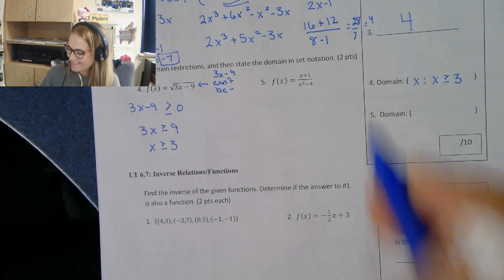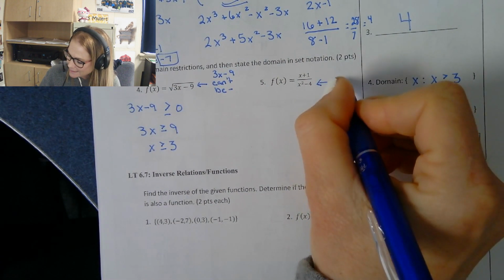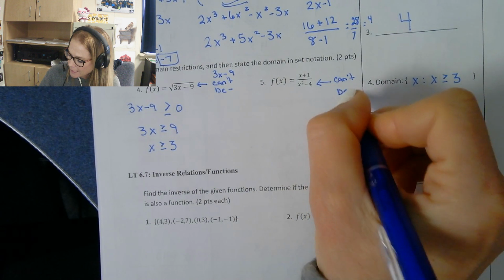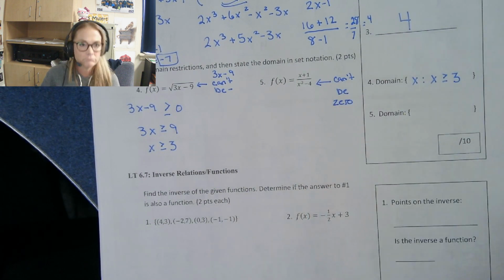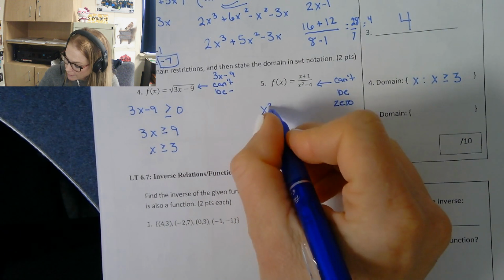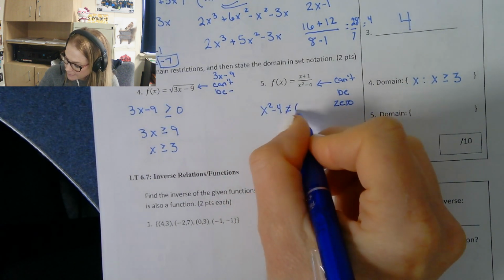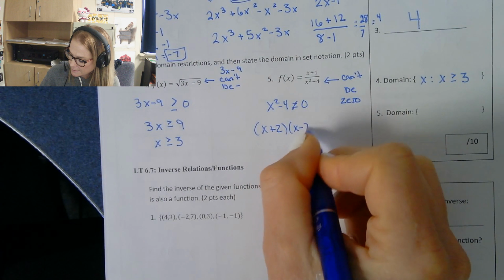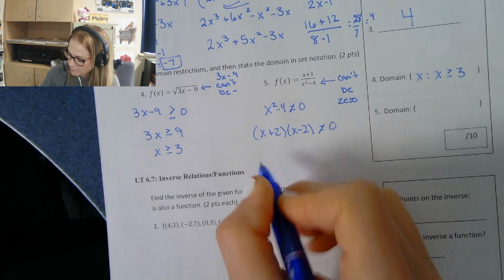All right? And then here, if you have a denominator, you have two domain restrictions. You can't have a denominator of 0, and you can't have a negative under the root. So x squared minus 4 cannot be 0. So x plus 2 times x minus 2 cannot be 0.